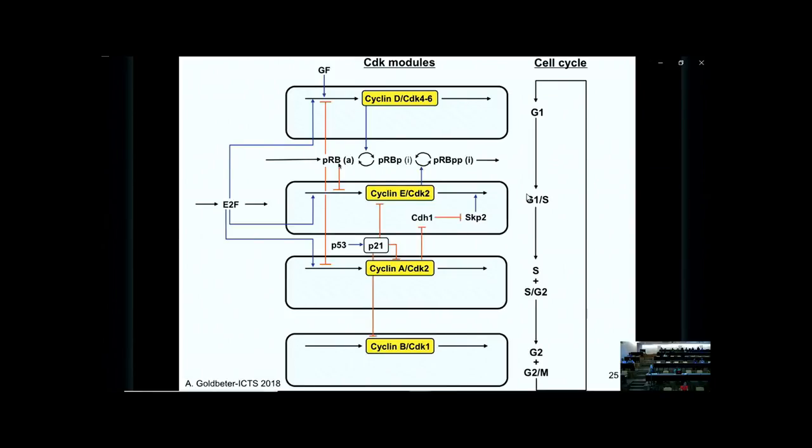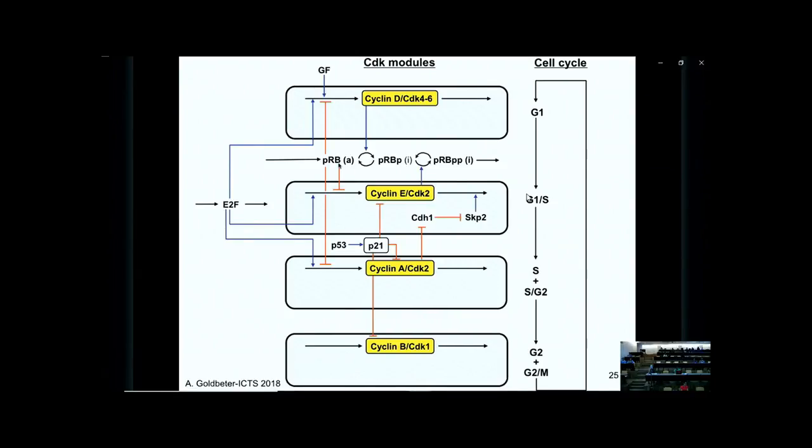And here, CDK2 inhibits CDH1, which inhibits SKP2, which promotes cyclin E degradation. This means that CDK2 promotes cyclin E degradation because it inhibits an inhibitor. So it activates SKP2.